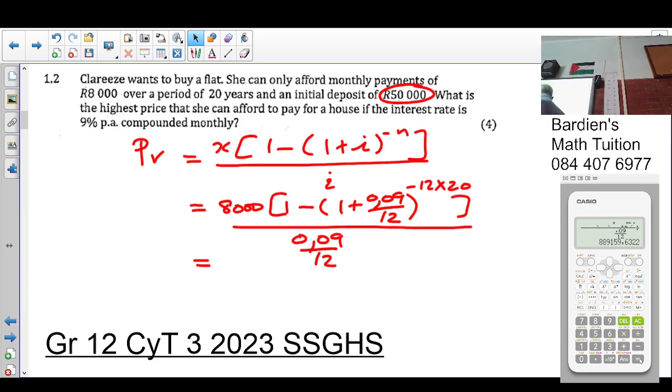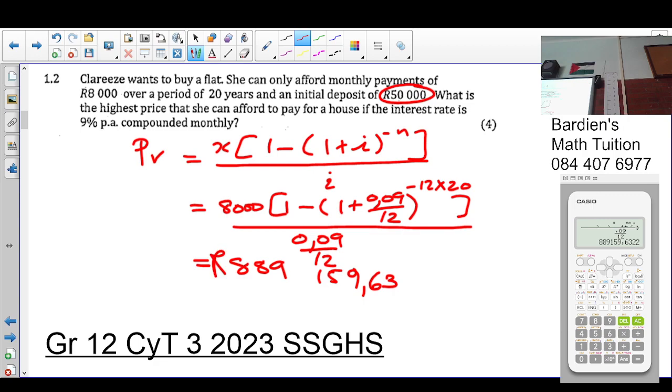Okay, so the loan amount is going to be 889,159 Rand and 63 cents. But remember that she has made a 50,000 Rand deposit as well.